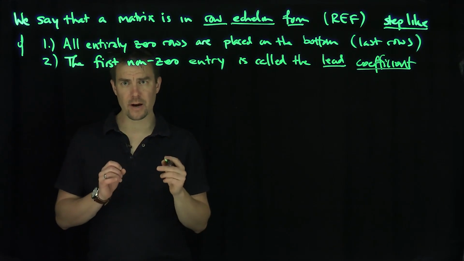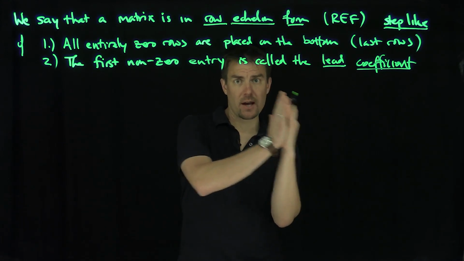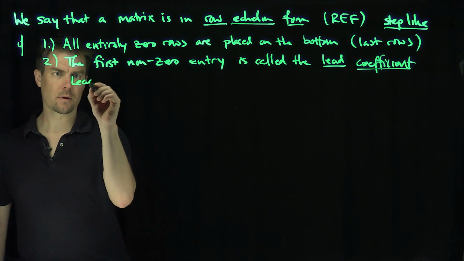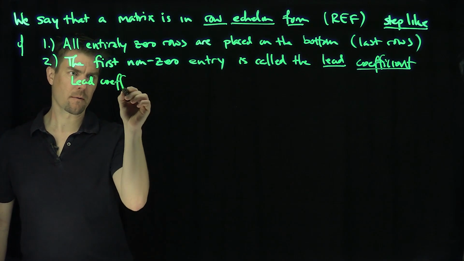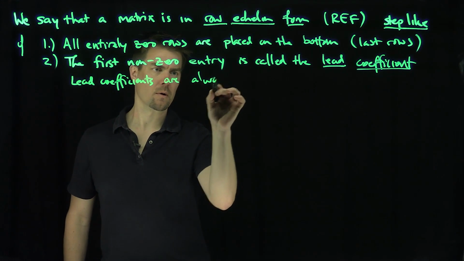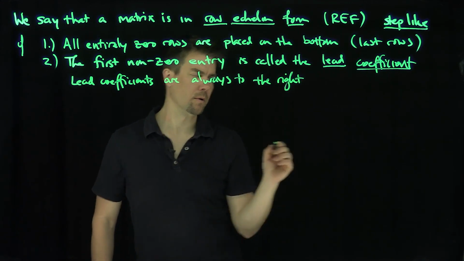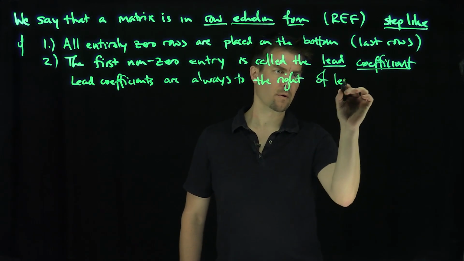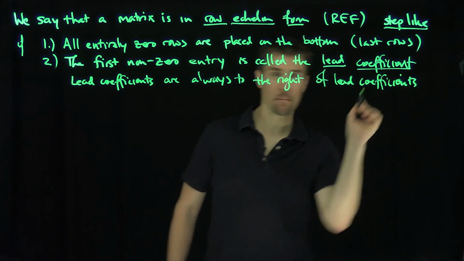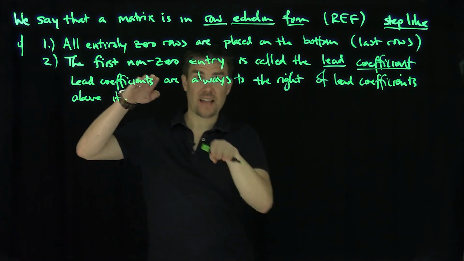And the lead coefficient for any row must be to the right, or farther down the columns, than the ones above it, right? So the lead coefficients are always to the right of lead coefficients above it. Okay, that's the step structure.